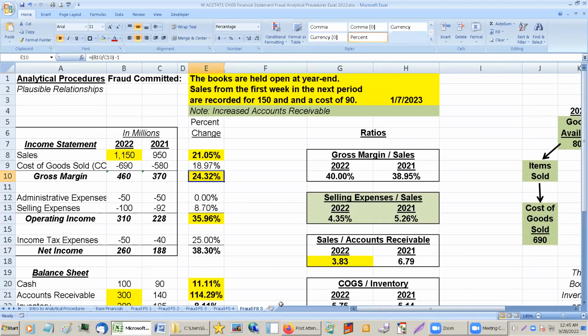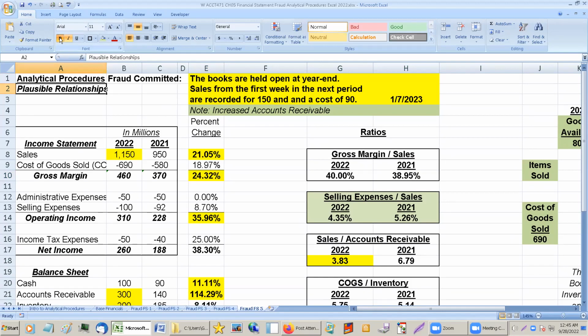Okay, so these are kind of analytical procedures, and these are how we find fraud in financial statements. And we're always looking for these plausible relationships. If sales go up, selling expenses go up by somewhere close to the same amount.